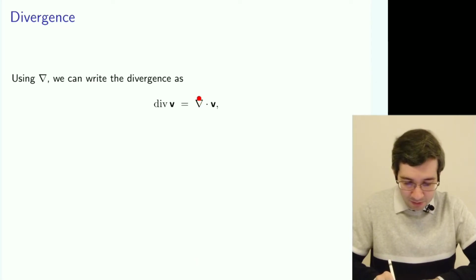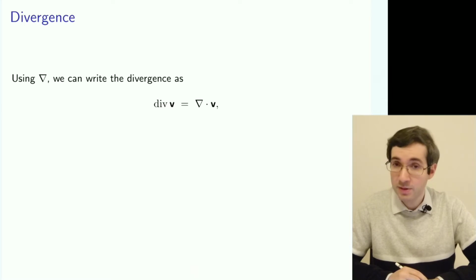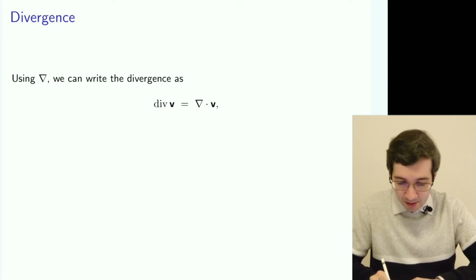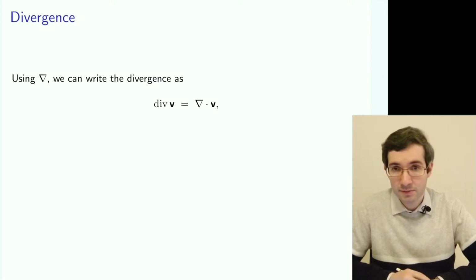You can see nabla written here with the dot in between, which is the same as the scalar product, and in fact it is exactly the same as the scalar product. So it is nothing more or less than a scalar product between the nabla operator and the vector field, V.